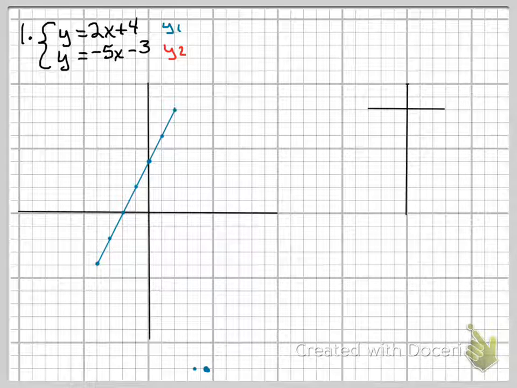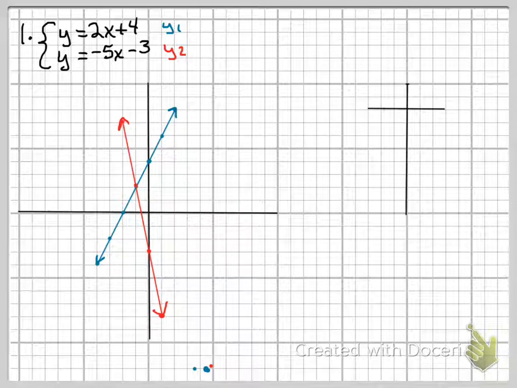We're going to graph our first equation, starting with the 4. We did a slope of 2 over 1, so up 2 over 1. We did also down 2 over 1 to the left. We did multiples of those so that we could make a line.